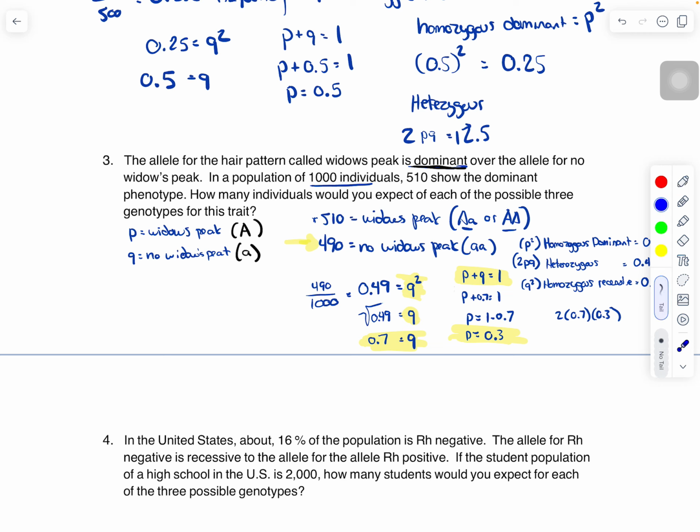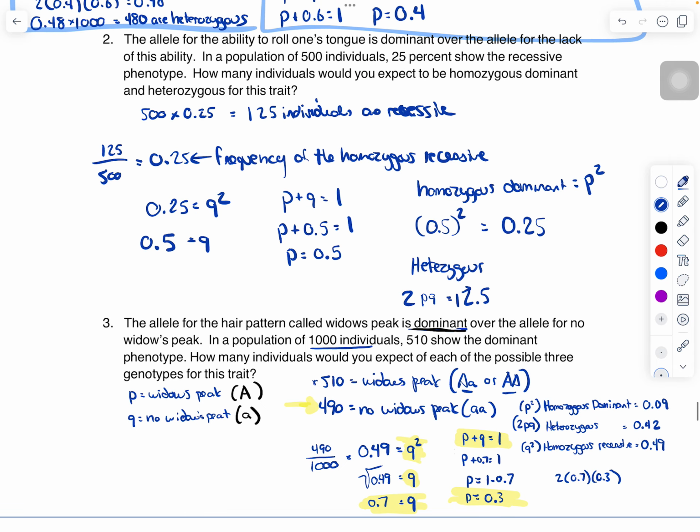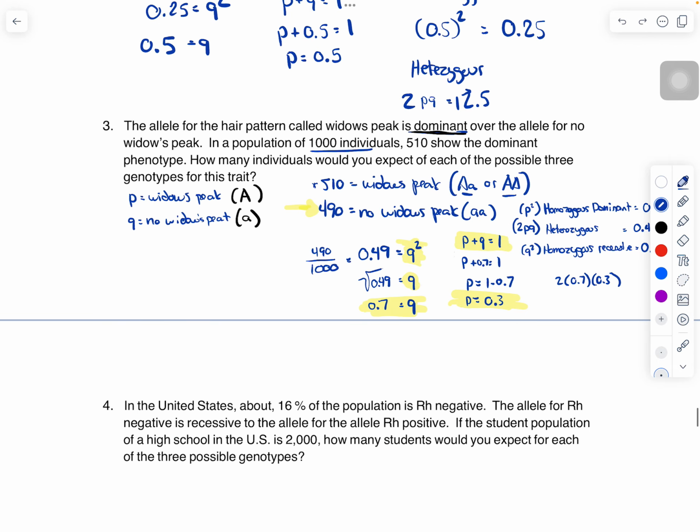So this is what we're looking for, and that's what I've done here: 490 over 1,000.